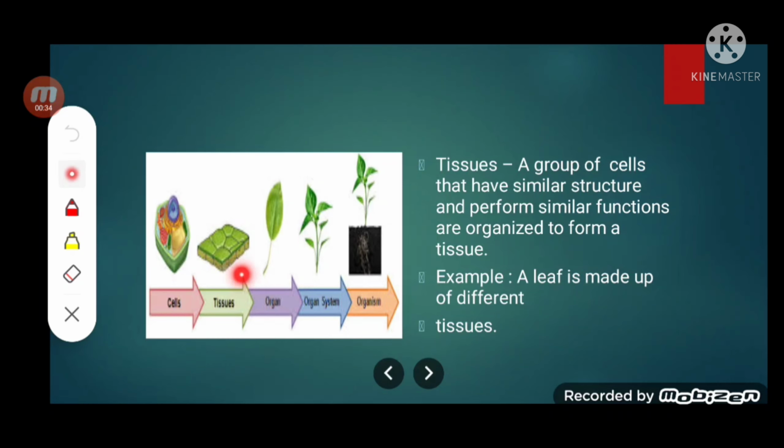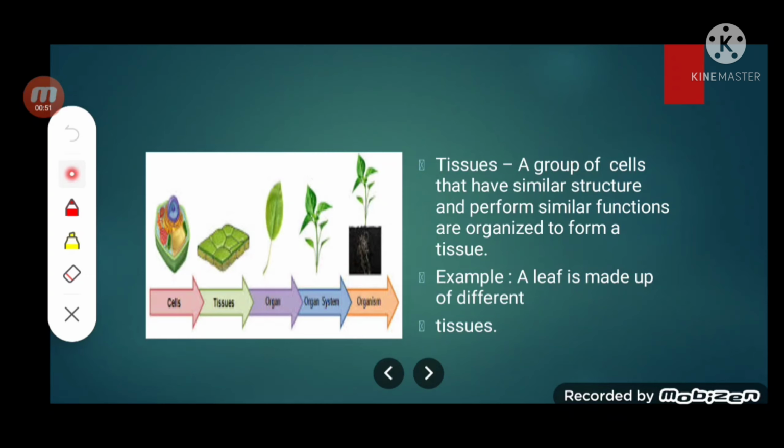And when different kinds of tissues join together, they give rise to an organ. And when different organs work in a coordinated manner, they form an organ system. And when different organ systems work in a coordinated manner, they form organisms.